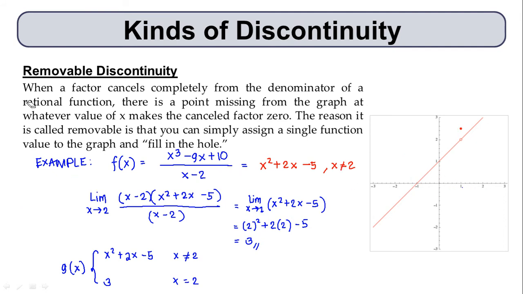Dito pala yung 2. Pagka 2 daw, 3 daw yung value niya. Parang ganyan yung itsura niya. Pero pagdating dito sa 3, parang may butas siya dyan. Ayan, ganyan siya. Pero sa lahat ng ibang values, meron siyang corresponding number.